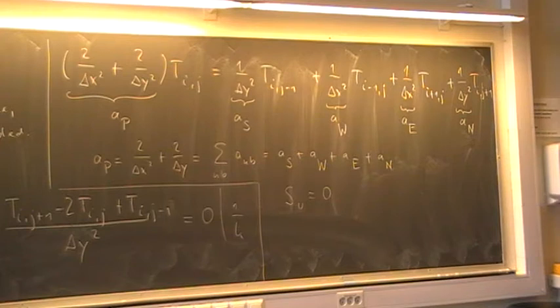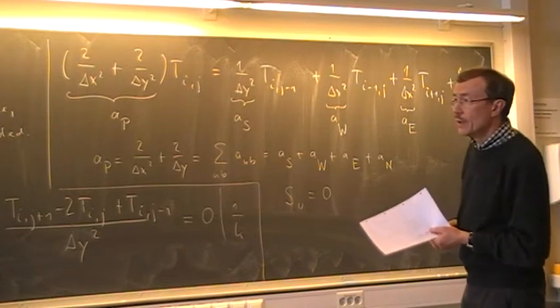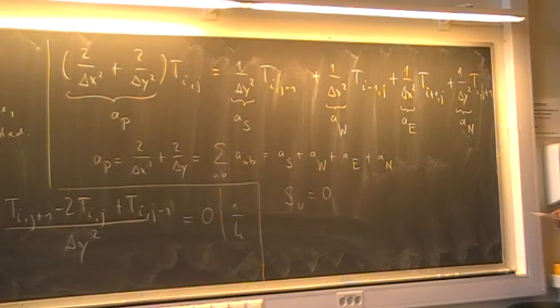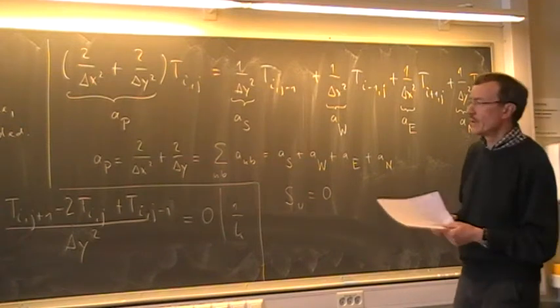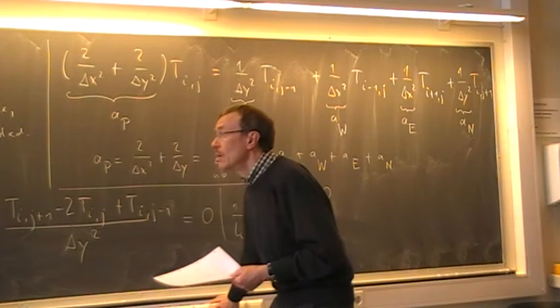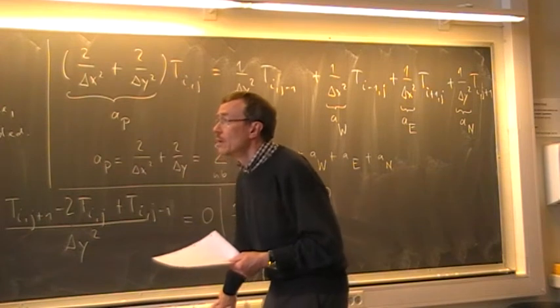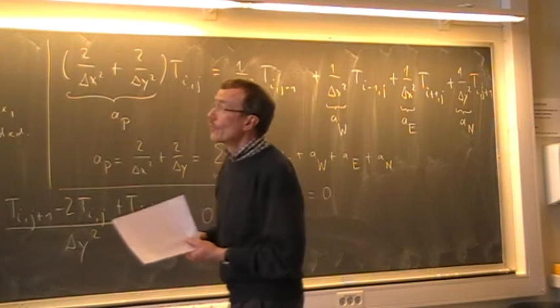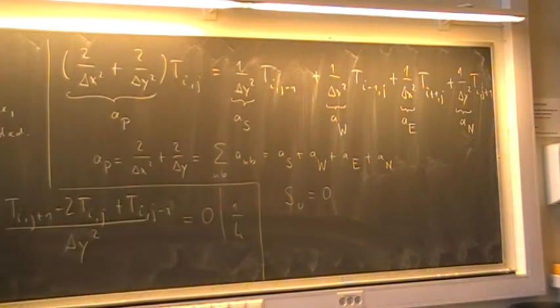Now identify the type of boundary conditions given at the 4 boundaries. Let's see. So let us do a little picture of what we are doing here.